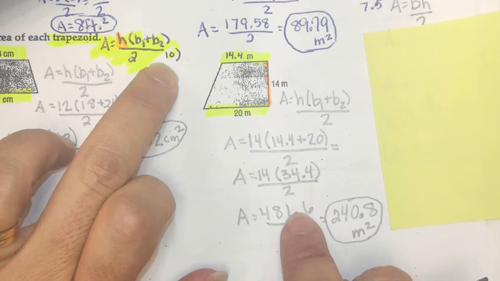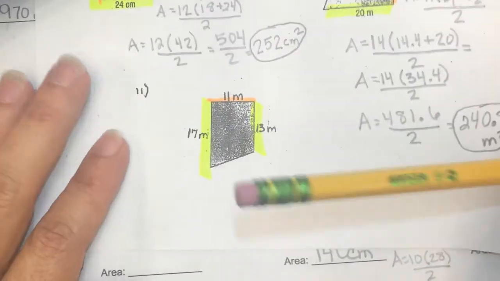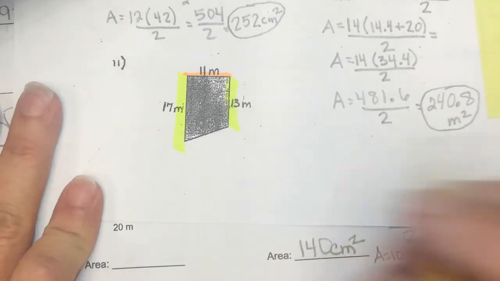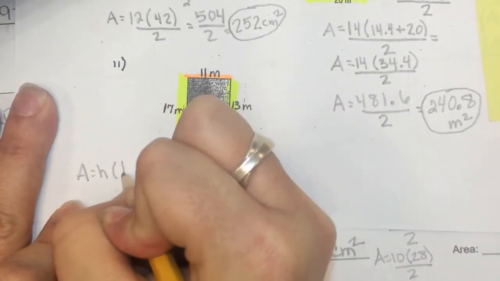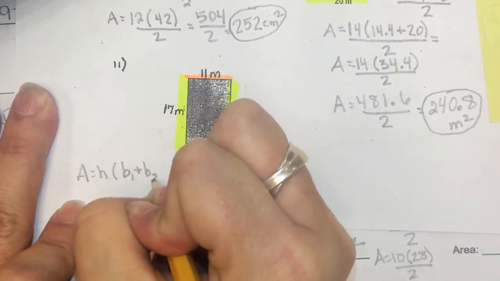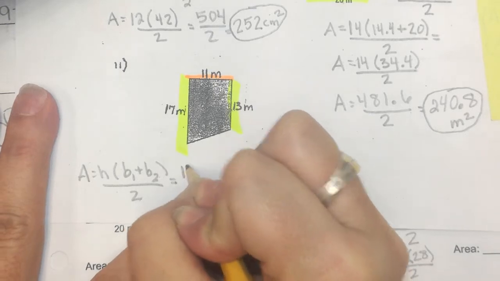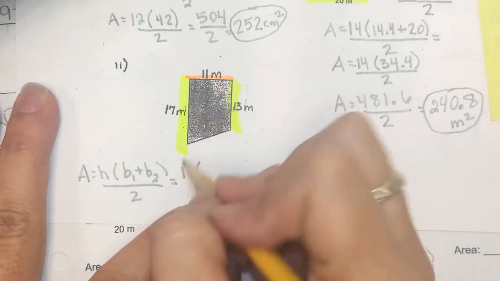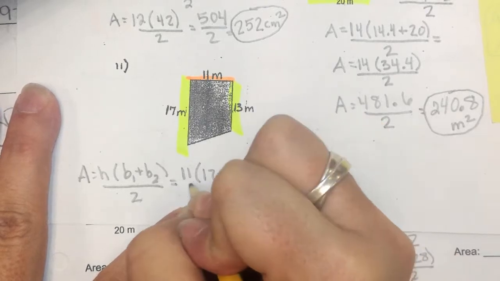Okay, and now I'll do number 11. Down here, I'm going to kind of move it down. Number 11 right here. Okay, now on this one, be careful. Your height is 11. Your two bases are 17 and 13.